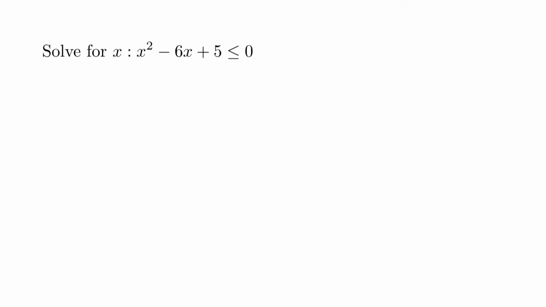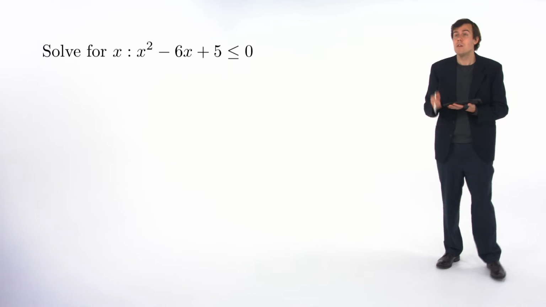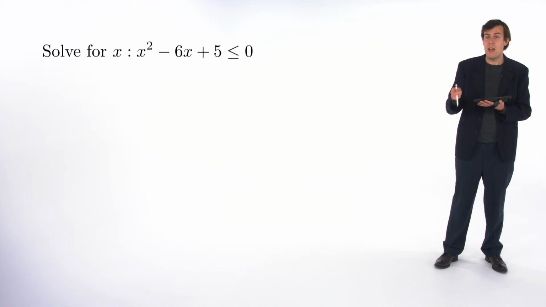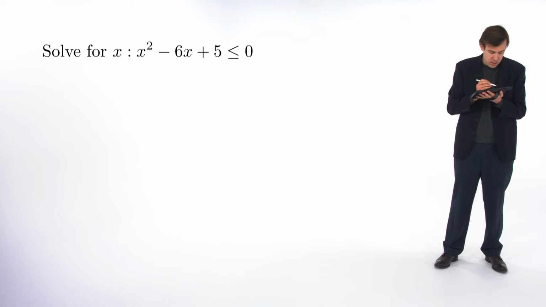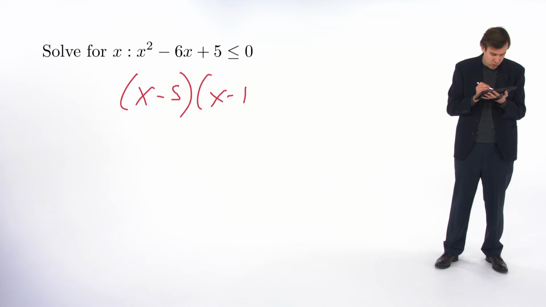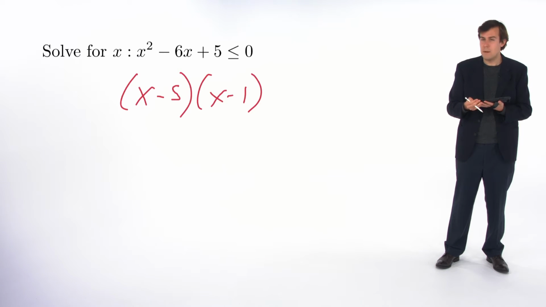So here, let's look at an example. I have x squared minus 6x plus 5 less than or equal to 0. What I'll do is factor this as two linear pieces, and then look at when they're positive and negative. I can write this as x minus 5 times x minus 1. Does it make sense?